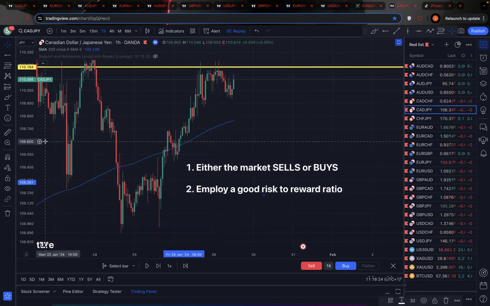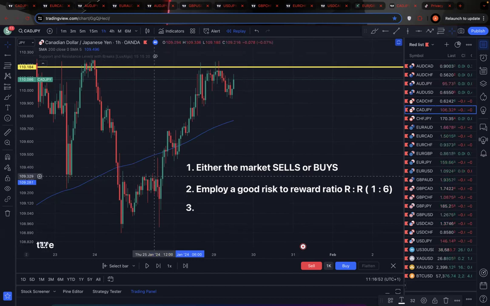As you go through the MT4 preliminary course, once you're done, if you come back to watch some of these things, you're going to understand what risk reward ratio is better. Let's say I'm using a risk reward ratio of 1:6. That means if the market does not respect it and it buys, I lose 1%.